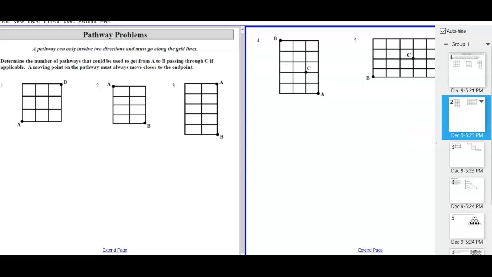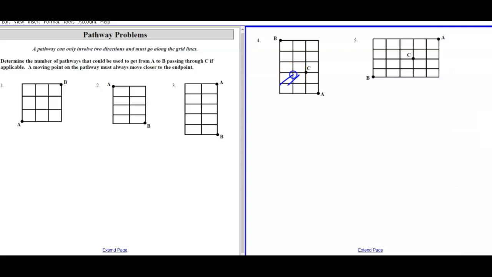In this one, if you're supposed to go from A to B, passing through C, you can't go in this part of your diagram, because you have to get to C and you always have to get closer.